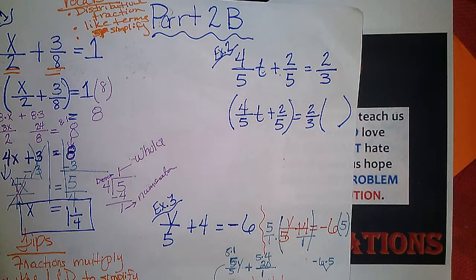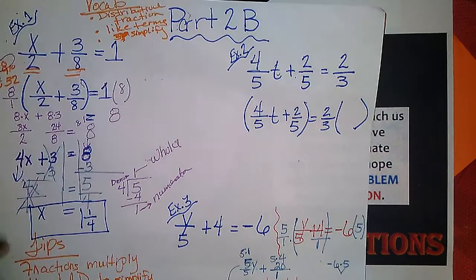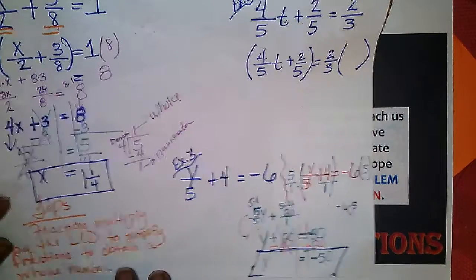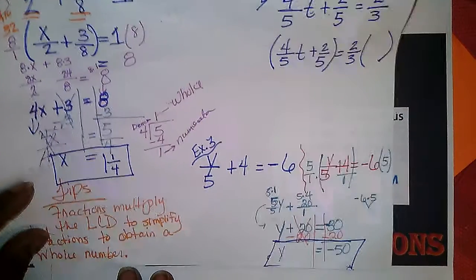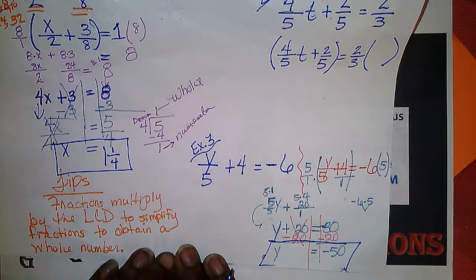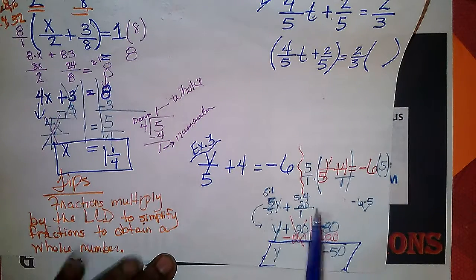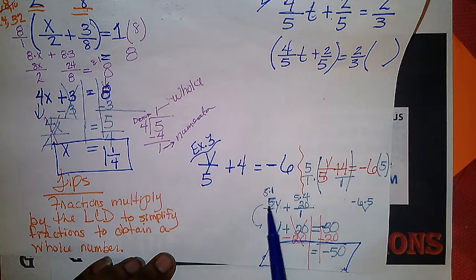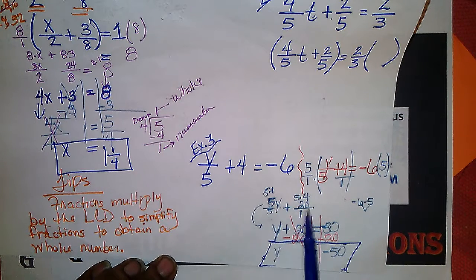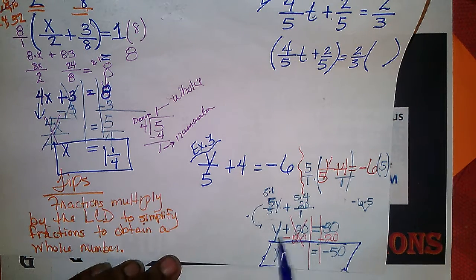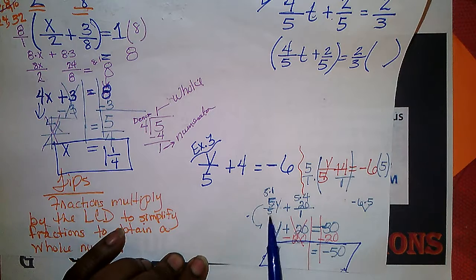Okay, let me just review that once again. Didn't realize that it wasn't in the camera. So again, we have 5y divided by 5, and then we have 20, which is 5 times 4 because we used the distributive property. From there, we divided 5 into 5 and got y.